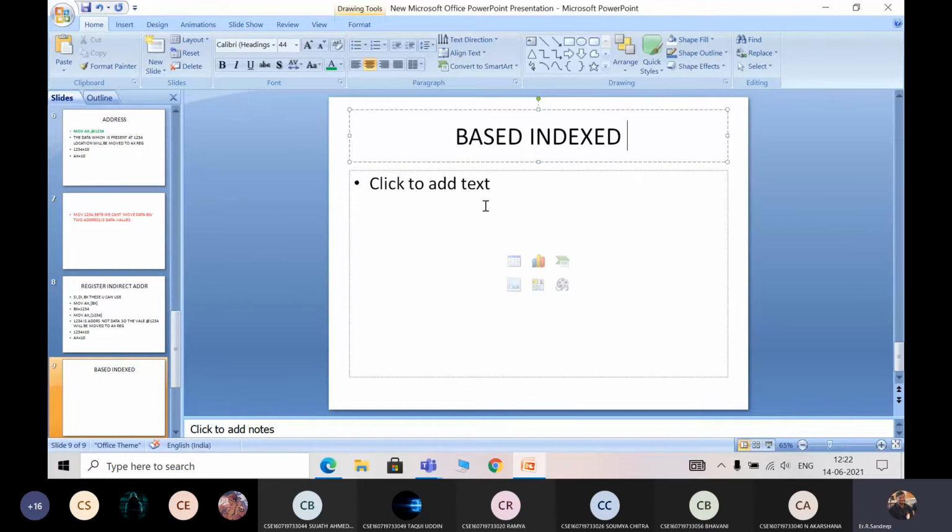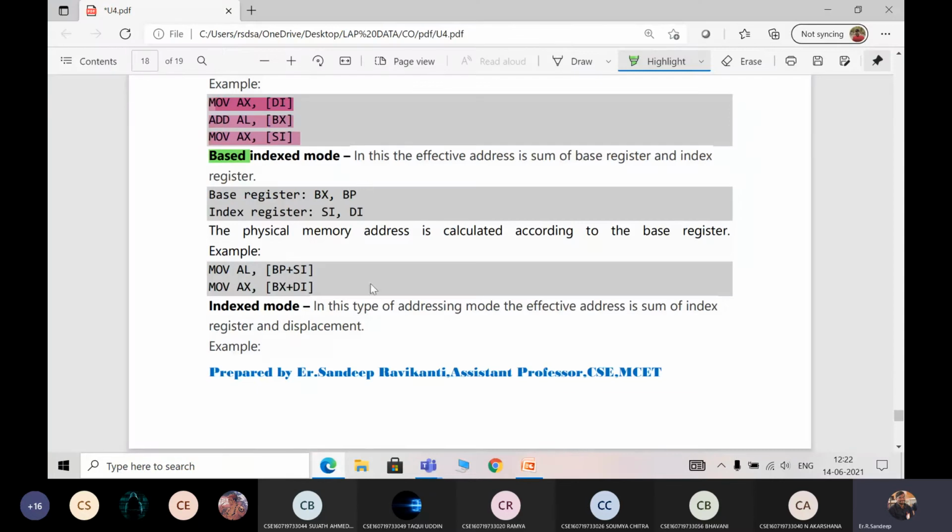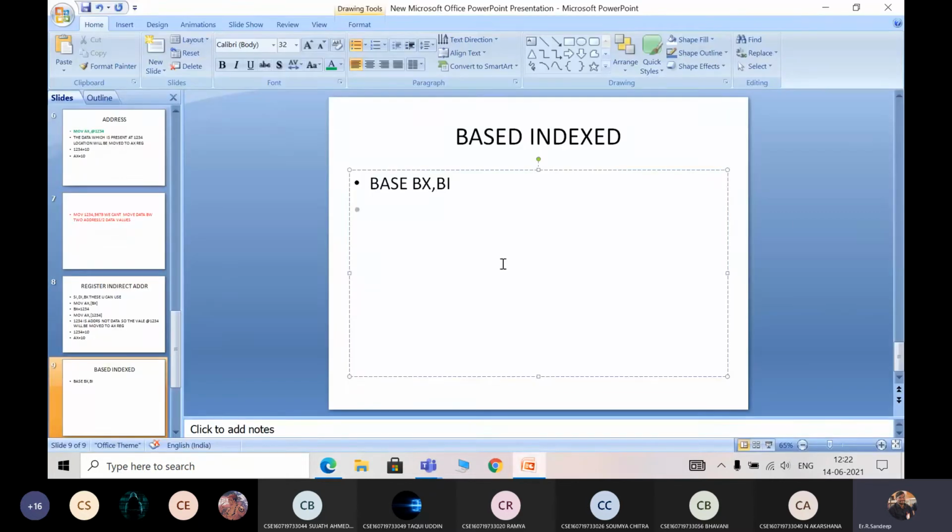Based indexed addressing mode means base plus index. What is base? For base we have two things, BX comma BP, base pointer, and for index you have SI comma DI.